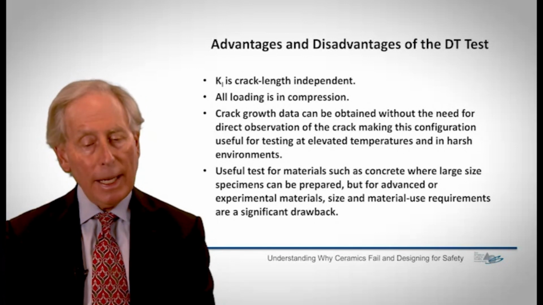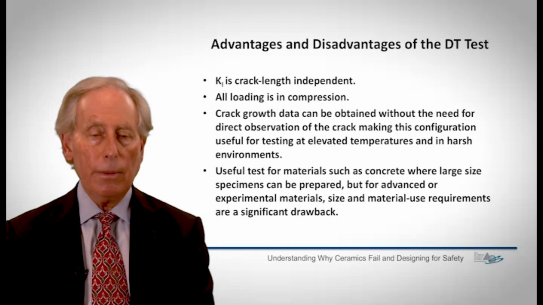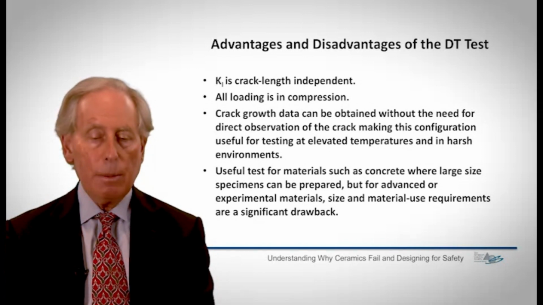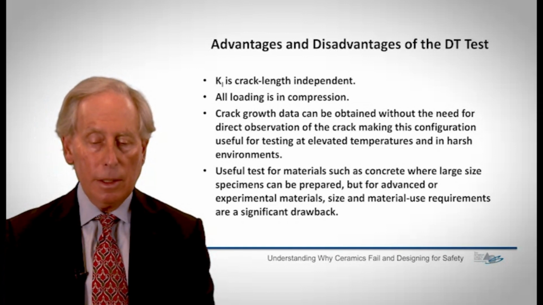So if I'm making plates of material of any kind, I can cut double torsion specimens and be very comfortable that I'm going to be very efficient in getting the kind of data I need. But if I'm making other kinds of shapes, it is sometimes quite difficult to get a large enough shape to conduct this kind of test effectively. So like anything else, it has its advantages and disadvantages.